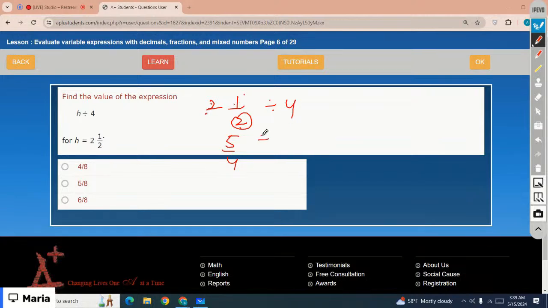Then replace this division sign with multiplication and take the reciprocal of the fraction.